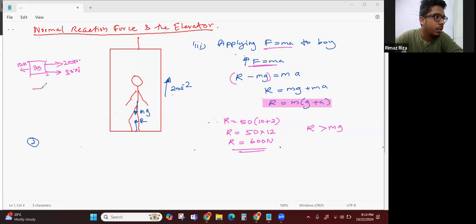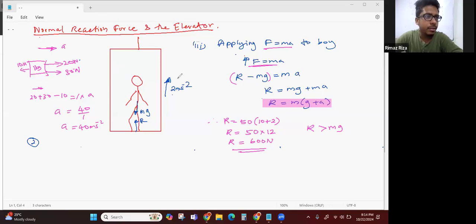To find the acceleration, first you take the resultant force: 20 plus 30 in this direction minus 10, because 10 is in the opposite direction. Mass is 1 kilogram, so 1 times a. Therefore a equals 50 minus 10, which is 40, divided by 1. So a equals 40 meters per second squared.